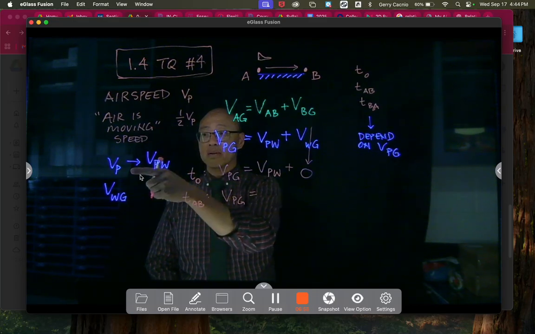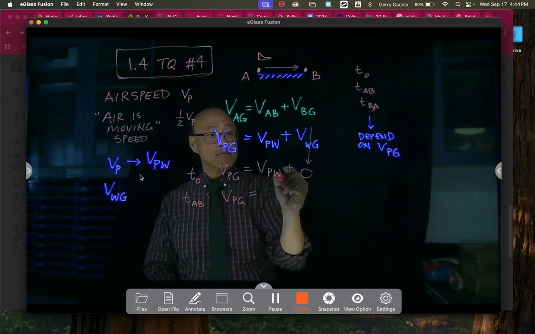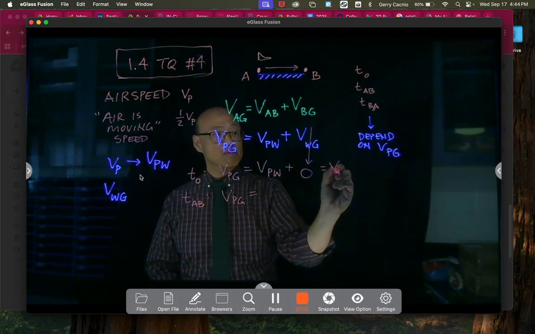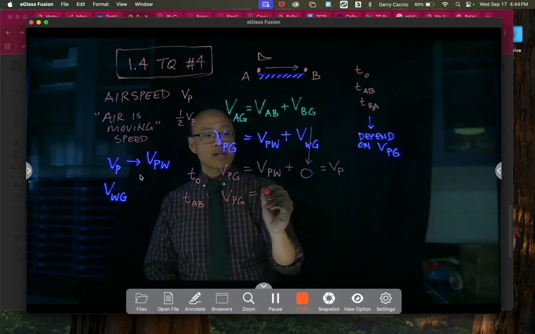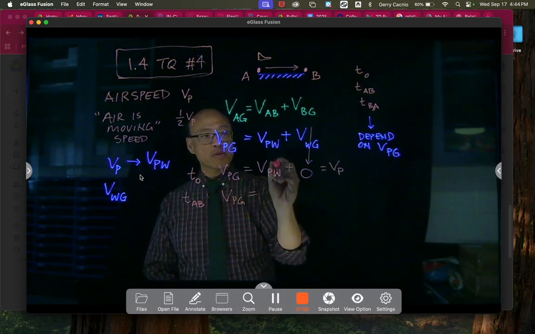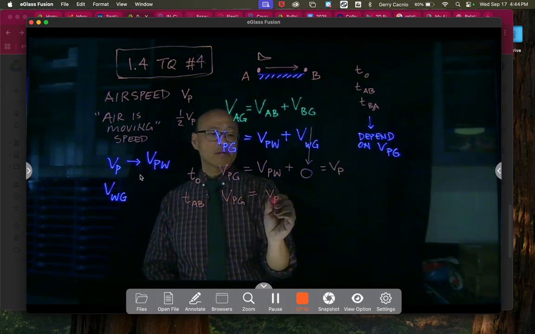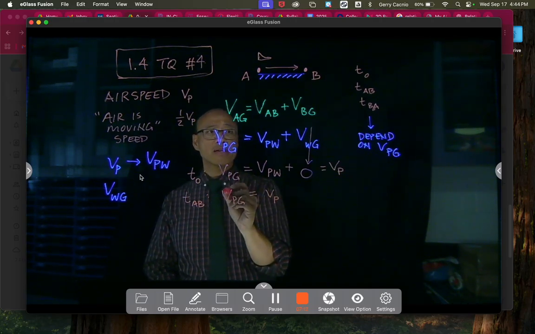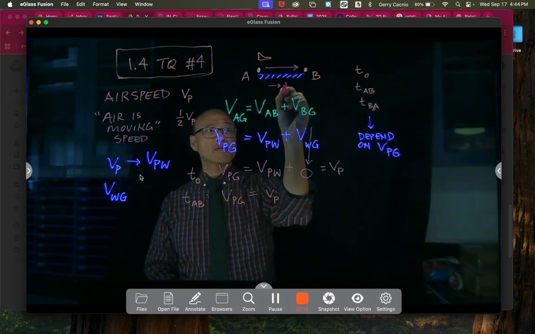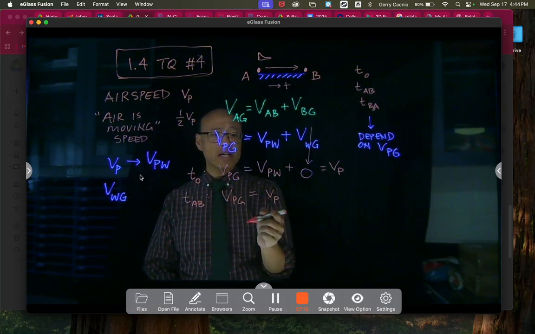It's actually VP. In this case, the velocity of the plane relative to the wind is still VP, and is it plus or minus? I'm going to define this as positive. Right? So when I'm going from A to B, I have positive.